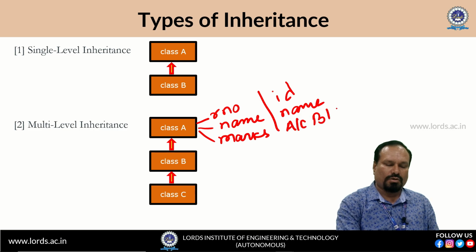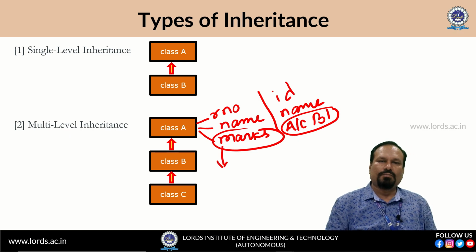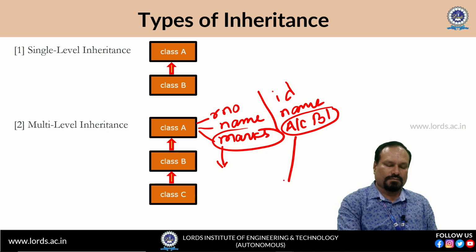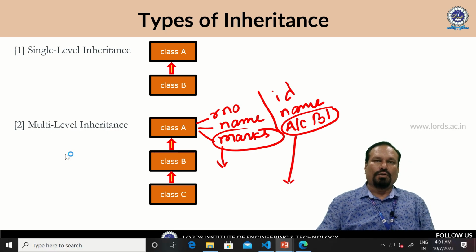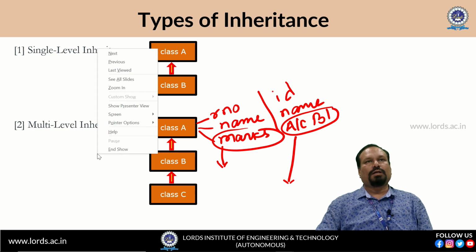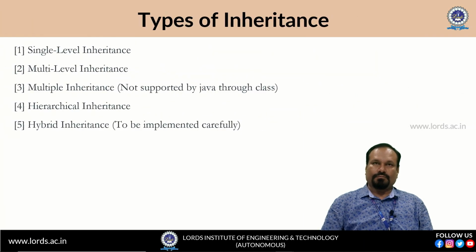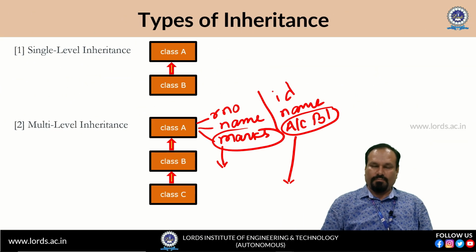I don't want this account balance and marks to be shown to a child class. Do we have any provision? Yes, we have a provision. If you want to hide certain things that the base class should keep within itself, so that they cannot be further extended, we can declare it as a private member.